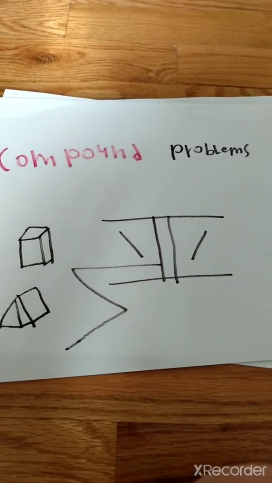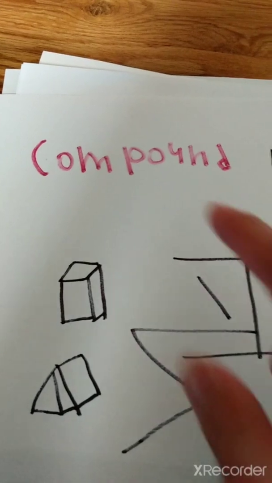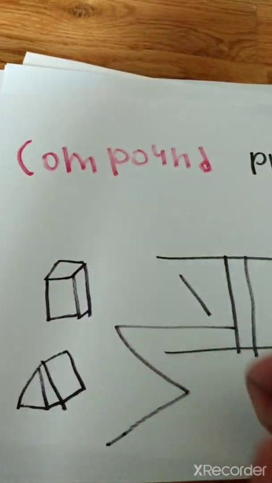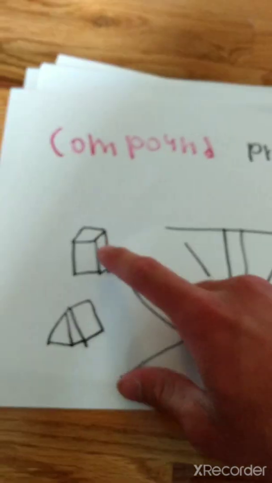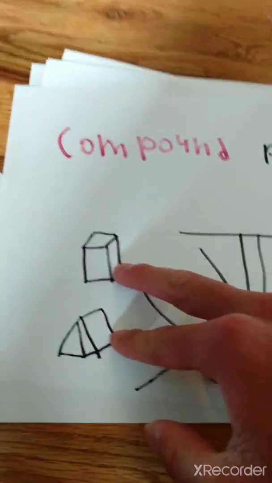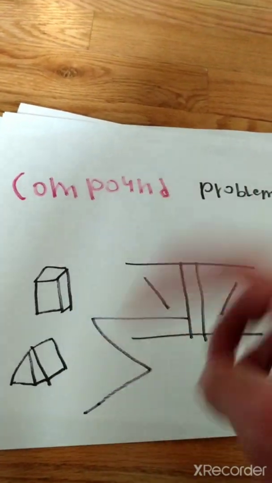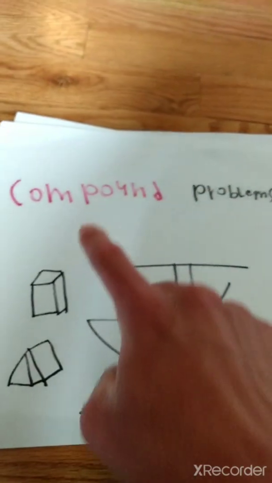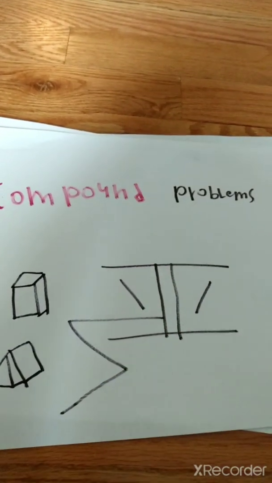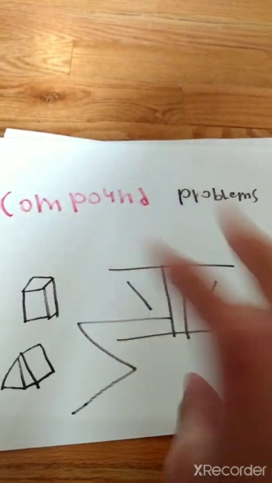The definition used for compound is that it's combined with another object. Compound problems include at least two shapes or more, because in usual geometry problems we're only solving the volume of one shape, but in compound problems we're going to be solving a problem that consists of two shapes.